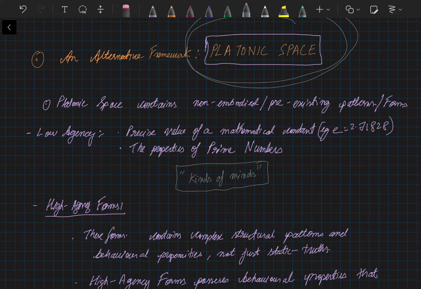Anyways, in his framework, any physical body that you see around us, whether they are human brains, frog embryos, computers, or even cyborgs, these things function as interfaces, or in other words, as mediums.